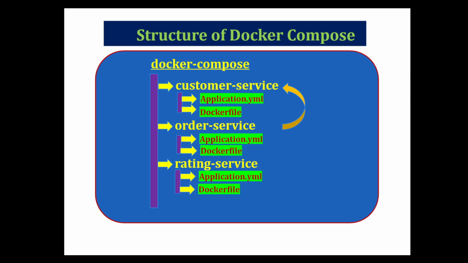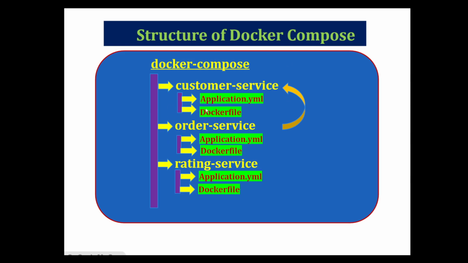In the Dockerfile, we are going to mention the container definition, like how the Docker engine is going to create the Docker container out of this Dockerfile. So Docker engine will take help of this Dockerfile to create the Docker container, and our Docker Compose is going to refer to this Dockerfile to create the Docker images.